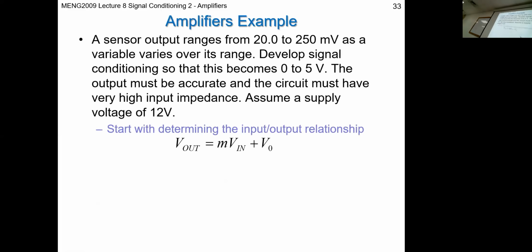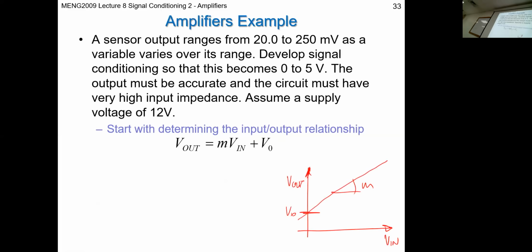We want to get the relationship as V out equals M V in plus V naught. So V naught is your C, M is your gradient. And we've got this relationship here.